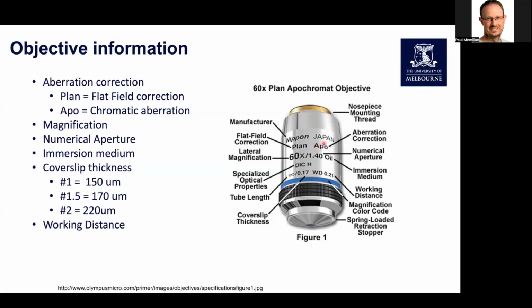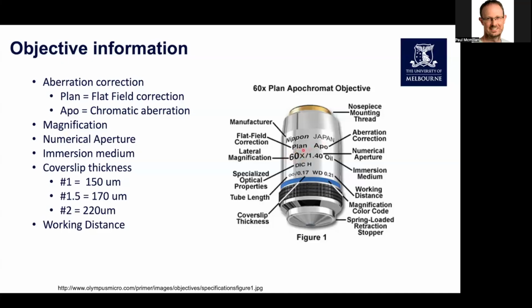In a better corrected lens, then you have less of those focus offsets. So if you imagine perhaps you're trying to do co-localization analysis, if your green and your red channel have a 300 nanometer offset, then you're going to get very low co-localization between those two channels. If that's the case, we have beads available that we can correct for those aberrations.